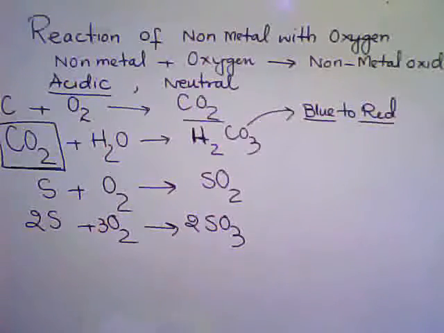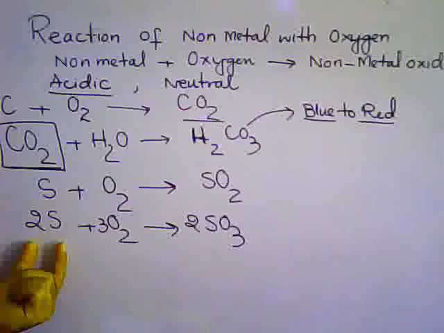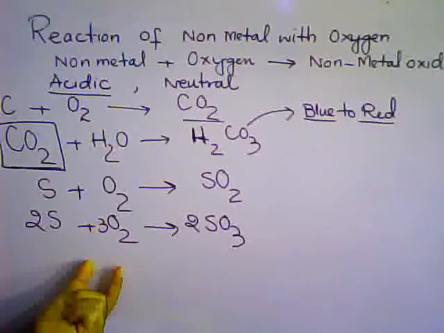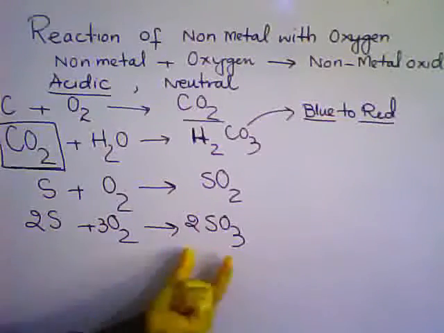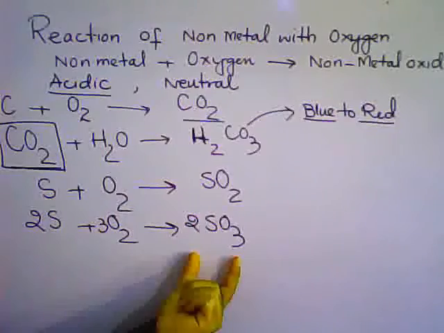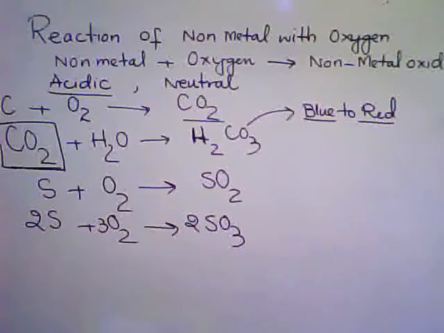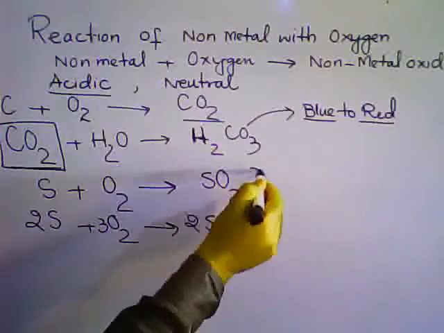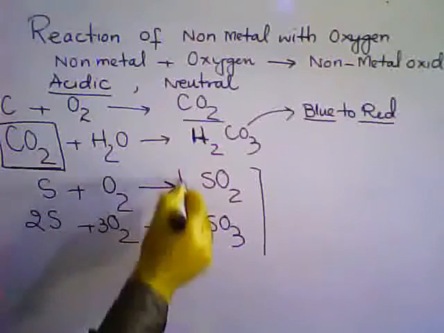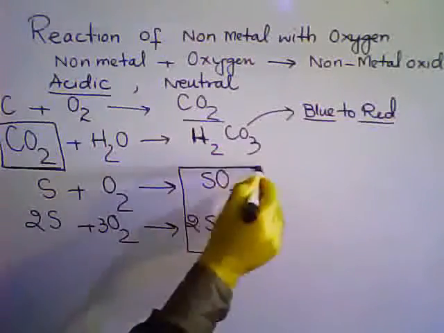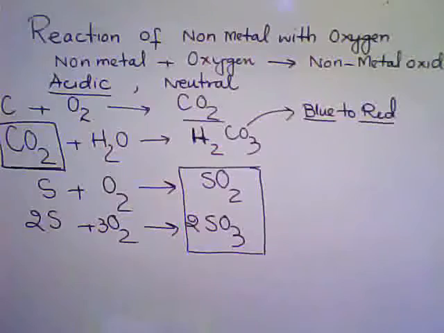So the statement of the reaction will be that 2 atoms of sulfur are reacting with 3 molecules of oxygen to form 2 molecules of sulfur trioxide. Now we can see both of these oxides, that is dioxide and trioxide, are actually acidic in nature.